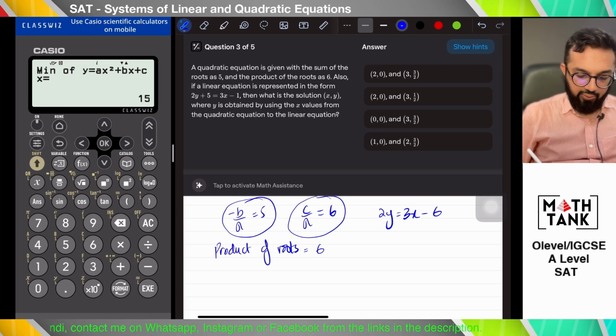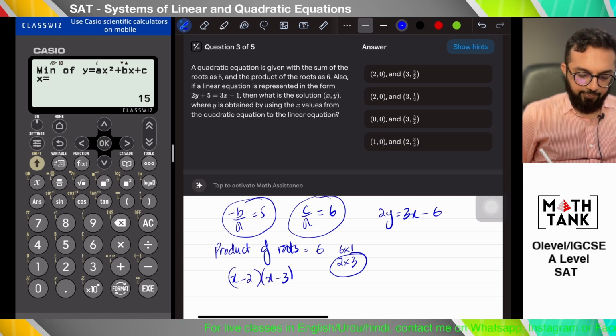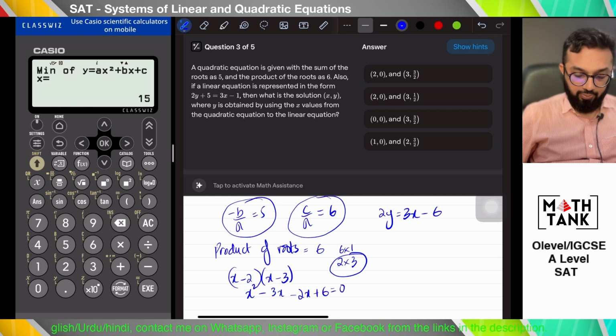So they have to be either 6 into 1 or 2 into 3. I think that's the only one that fits, or it can't be -2 and -3. So I think the roots will be -2 and -3. That works. I've recreated my quadratic equation from here.